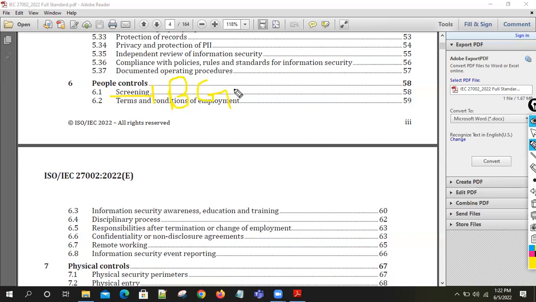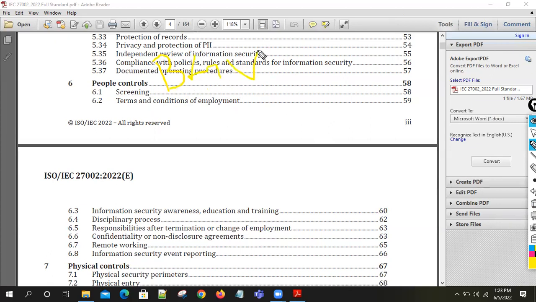What will be our first step? You have seen that the background verification check is missing within your organization. So what will you do? What would be your first step? You need to tell me now.